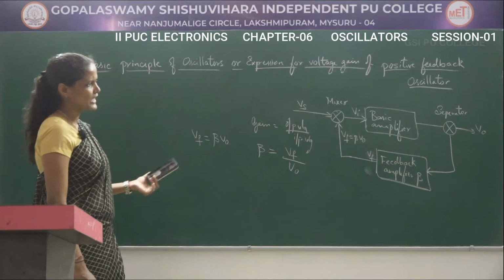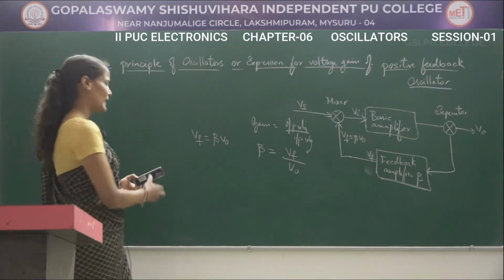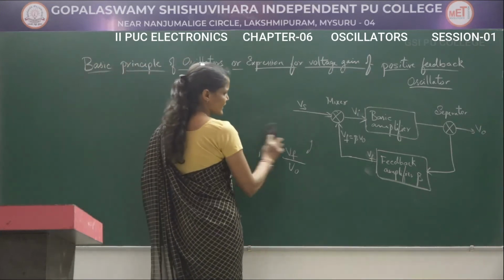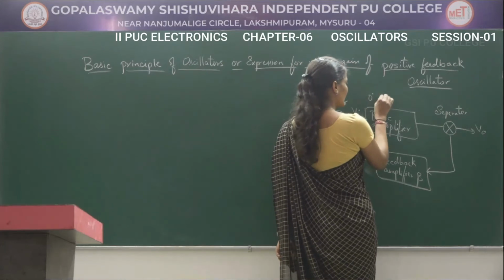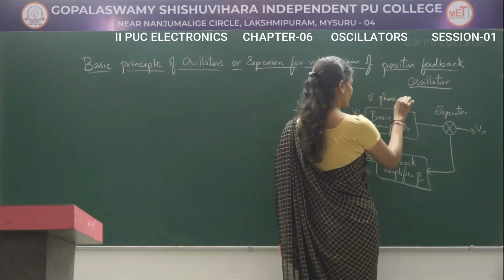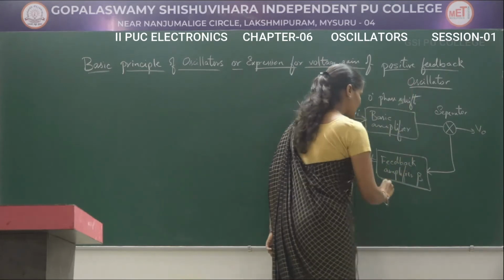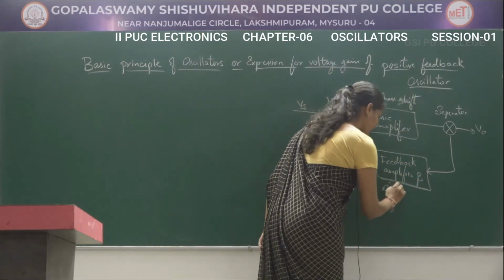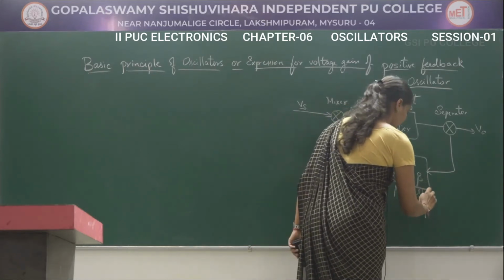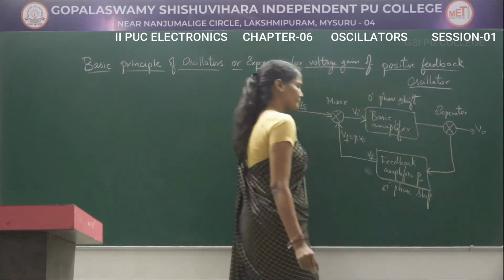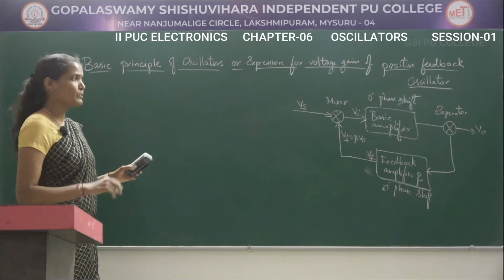So now let us try to derive the expression for the voltage gain of a positive feedback amplifier. So what is this positive feedback amplifier? Let me write it here as 0° phase shift amplifier. I am going to use an amplifier circuit which does not give any phase shift in these two stages. 0° phase shift. Okay. So now what is positive feedback?